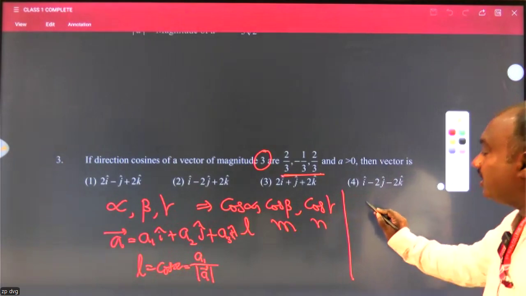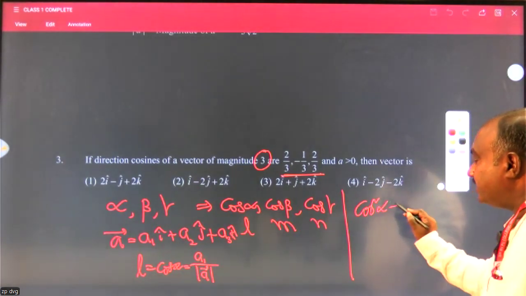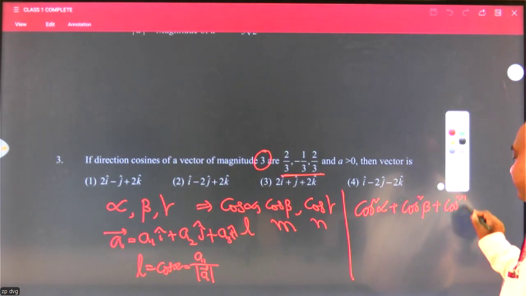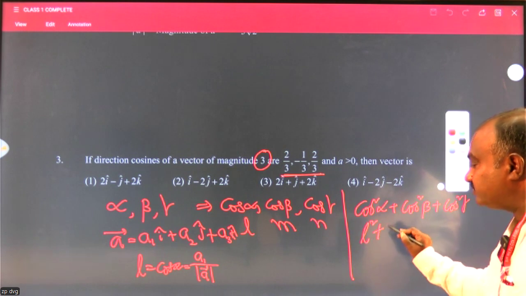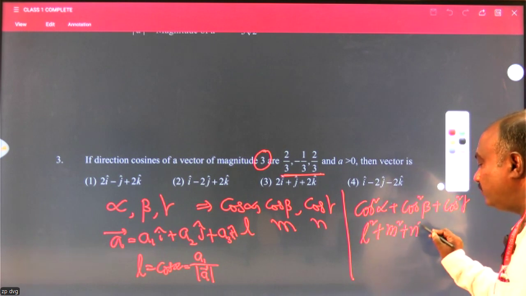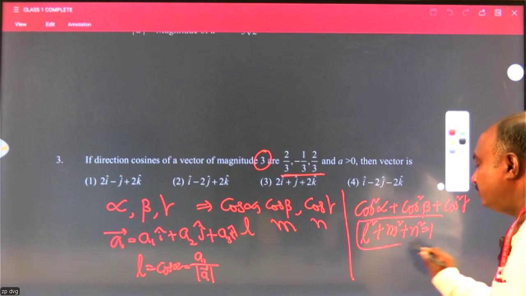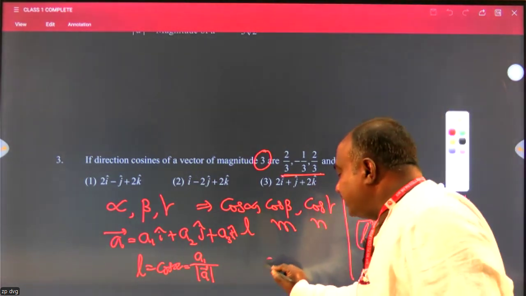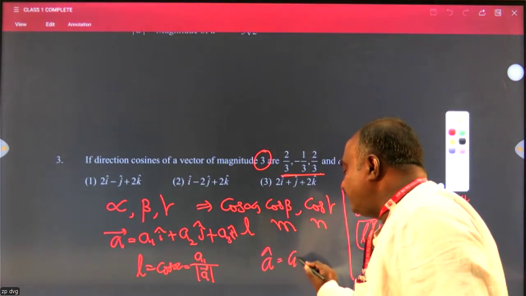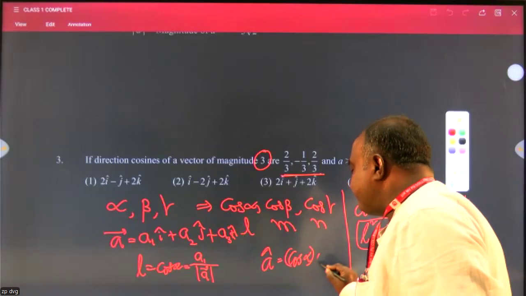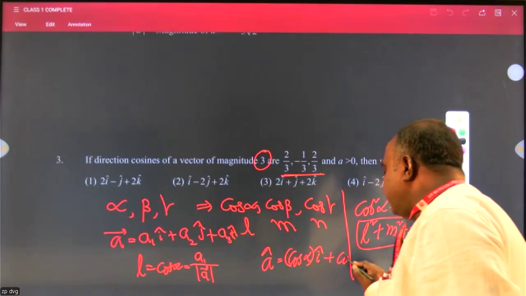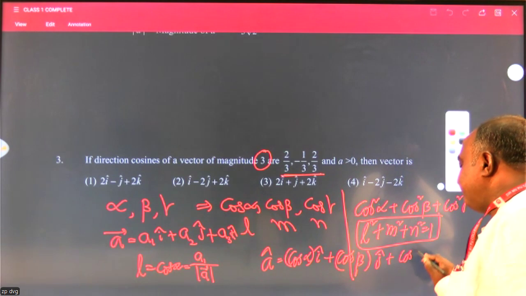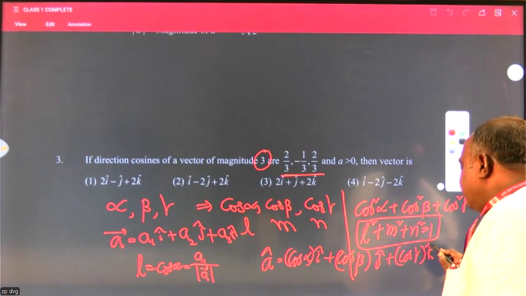Remember the relation here: cos square alpha plus cos square beta plus cos square gamma, that is L square plus M square plus N square, is equal to 1. That means the magnitude you are getting is 1. That's why any unit vector A cap is equal to cos alpha i plus cos beta j plus cos gamma k. Okay, this is the unit vector.